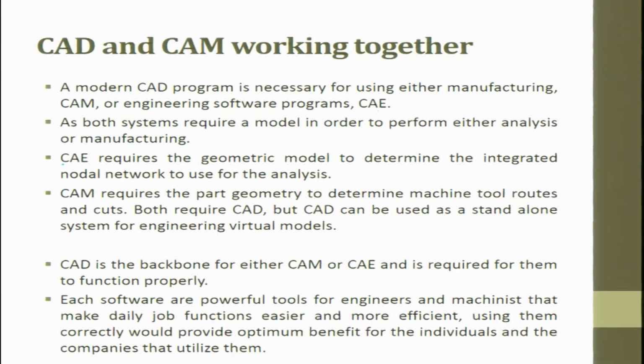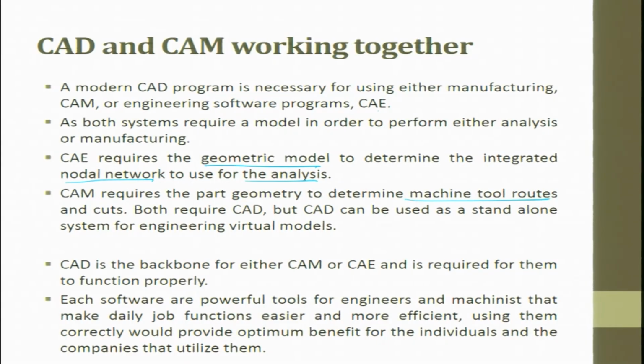CAE is nothing but computer aided engineering, which requires the geometric model to determine the integrated nodal network to use for the analysis. CAM requires a part geometry. So, a CAM software cannot exist without a CAD software. So, the CAM requires a part geometry to determine a machine tool route and cut.